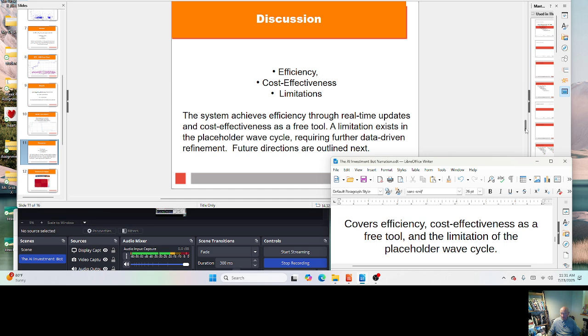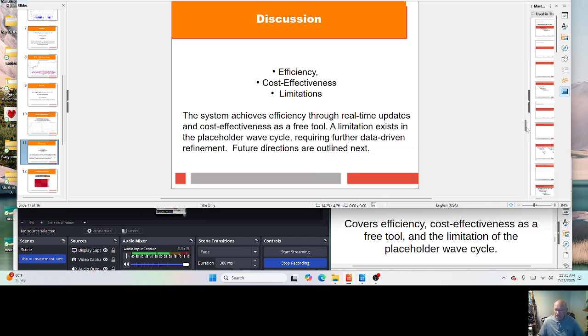In this case, the system achieves efficiency through real-time updates and cost effectiveness as a free tool. The limitation exists in the placeholder wave cycle for traditional investment strategies and requires further data-driven refinement, which I've implemented for the most part in the calculus live trader. Future directions are outlined next.